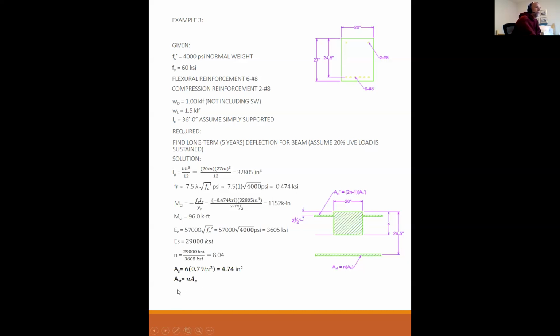My transformed area of steel is n times As, 8.04 times 4.74, 38.11 inches squared. My compression steel is 2 times 0.79, 1.58 inches squared. My transformed is 2 times the modular ratio minus 1 times that, and that's 23.83 inches squared.